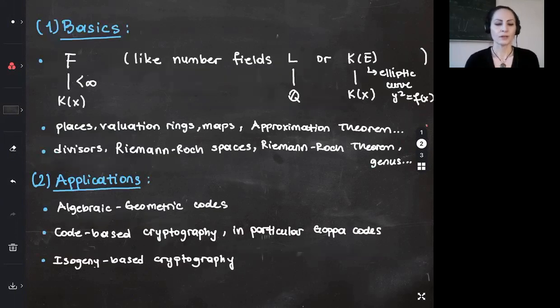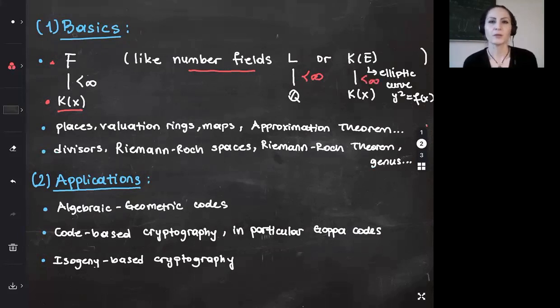In this course, we define a function field F as a finite extension of the field of rational functions K(x), and we can come across similar definitions in algebraic number theory. For instance, when we define number fields as a finite extension of rational numbers, or in algebraic geometry, we can study elliptic curves in terms of function fields.